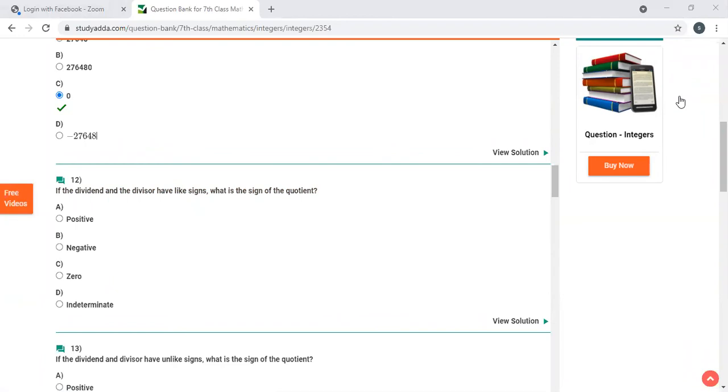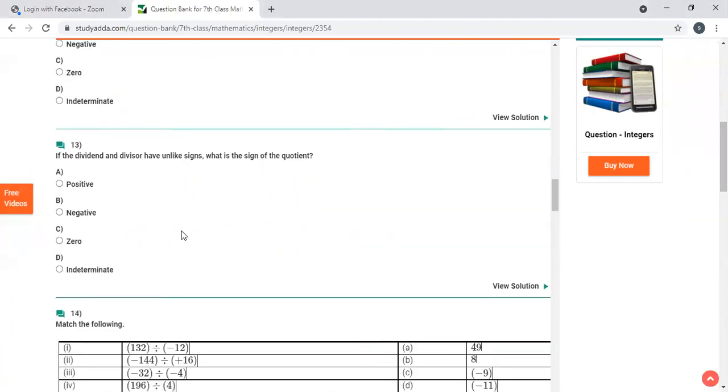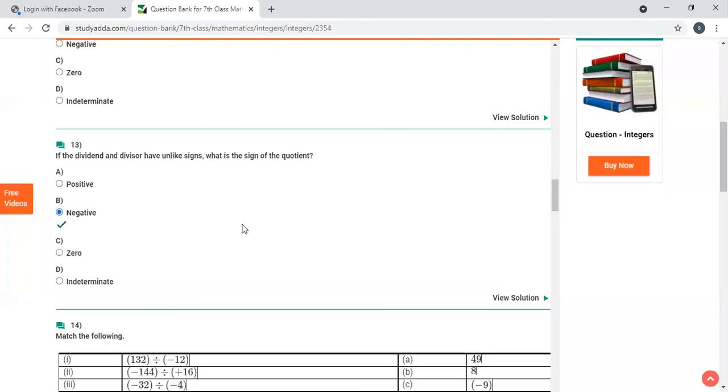Ma'am, negative. Negative divided by negative is positive. Positive divided by positive, negative divided by negative, the answer will always be positive. If the dividend and divisor have unlike sign, unlike means opposite sign, then the answer will always be negative.